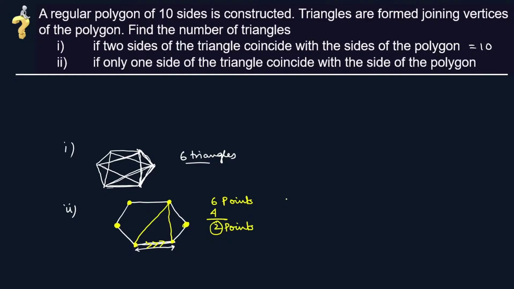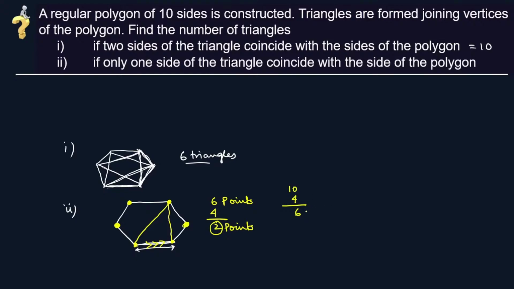In the same case, if it is a 10-sided polygon, if I consider only one side of the polygon, you are going to have 6 points left outside which can be joined with the extremities of this edge, so that we get a triangle whose exactly one side will coincide with a side of the polygon. Yes or no?